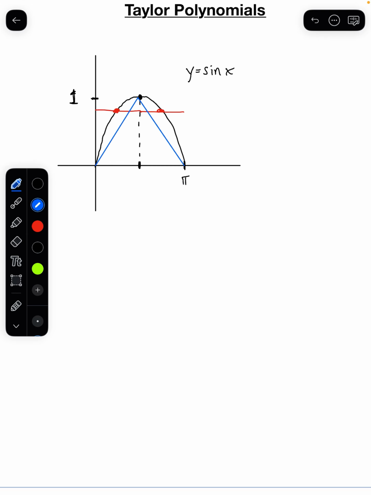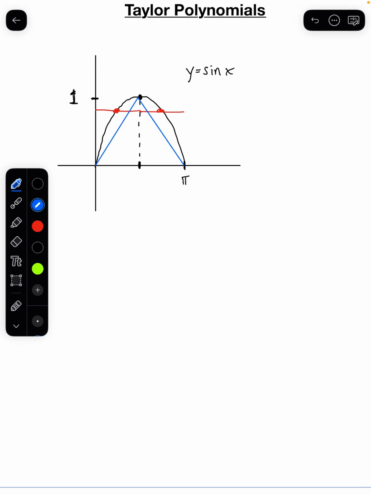So that is to say that the red line, the horizontal line, matches a single characteristic on that interval, one single y value. The blue diagonal line actually has three characteristics because it matches up two y values, one at the far left of the interval and one at the far right.